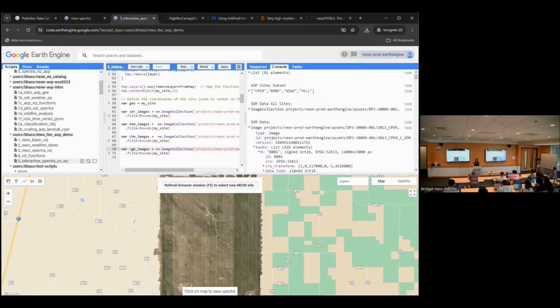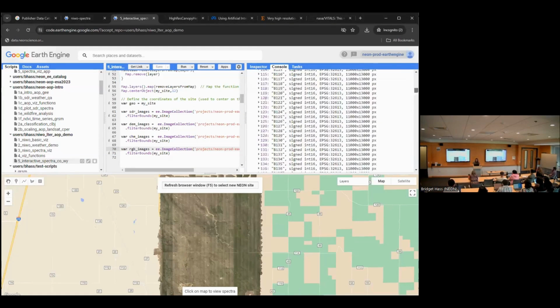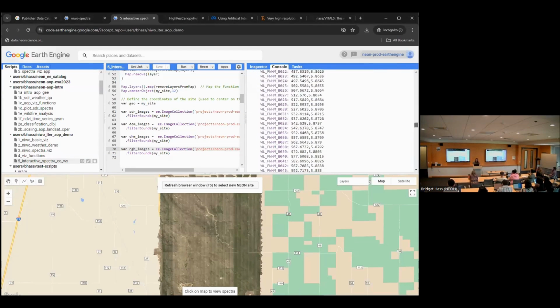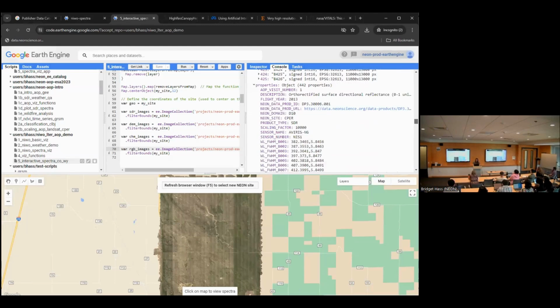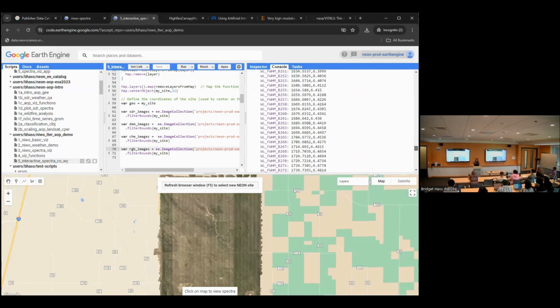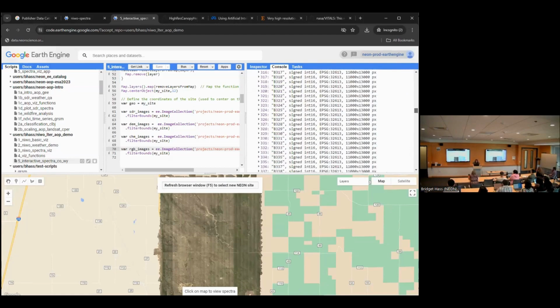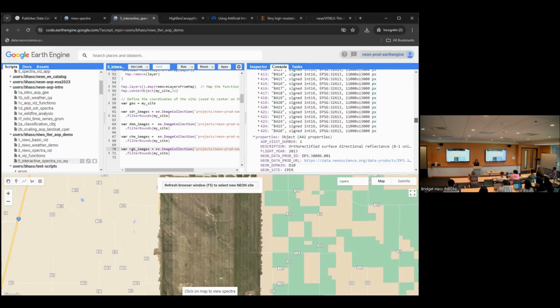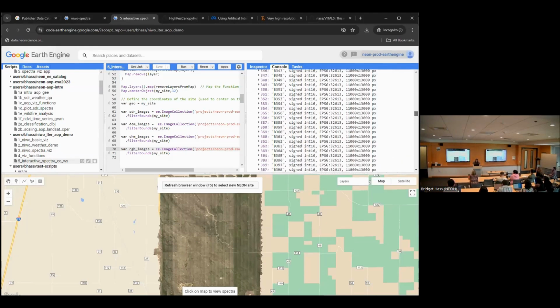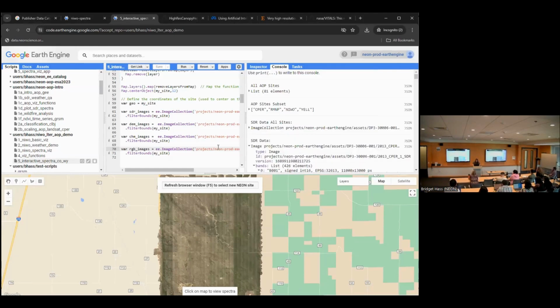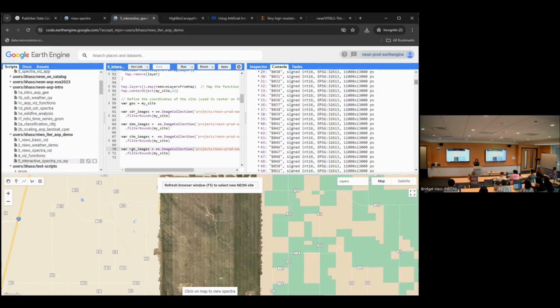We have a lot of those metadata bands. I think I printed out one without the metadata, but yeah, it would be in these bands here, and then it tells you what those are, like the azimuth and zenith angles and things like that.